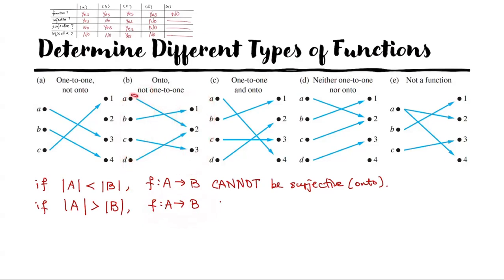You definitely have enough input for each output, and besides that, you will have extras. So an extra must map to some output which has already been taken, which means it cannot be an injective function. It cannot be 1-to-1.